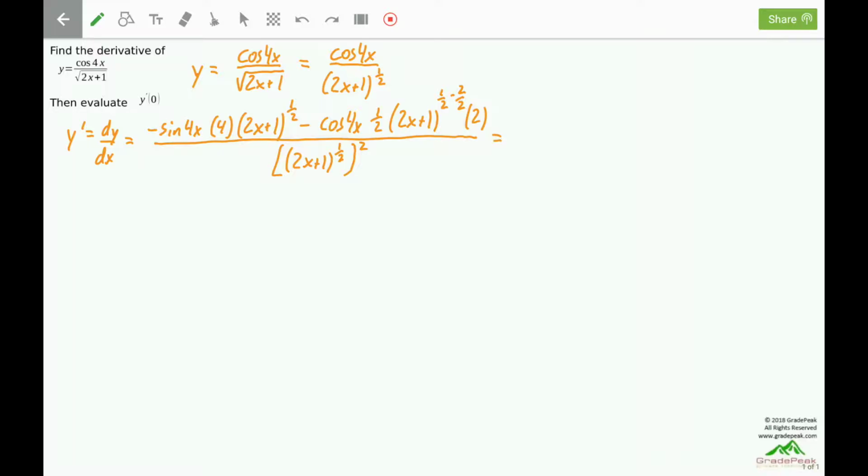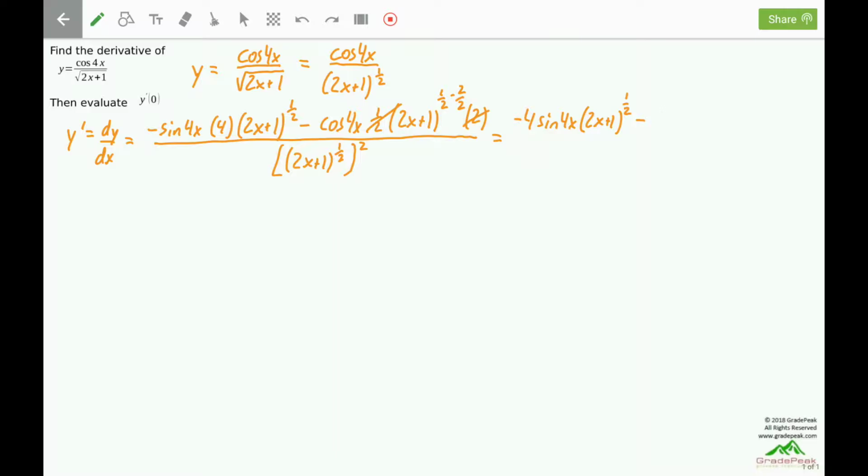The next thing I'm going to do is move that 4 to the front of the first term. I'm going to move this 4 here, flip with the negative. So negative 4 sine 4x, and then times 2x plus 1 to the 1/2 power. And then minus, now for the next term we have a 1/2 and a 2, and everything's multiplied and those will cancel each other out.